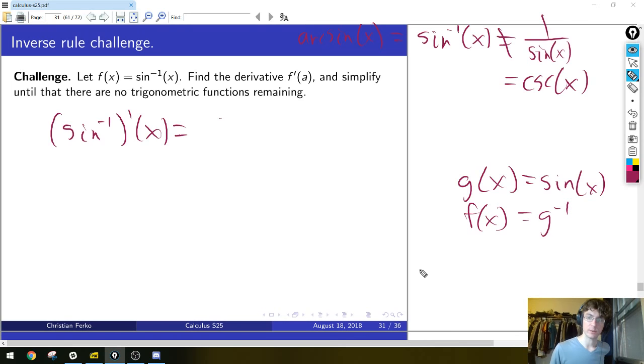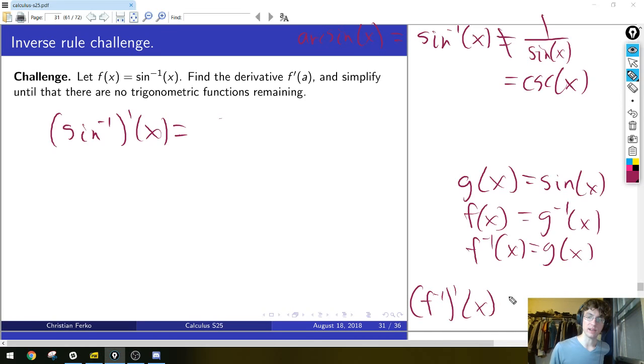We could also write this as f inverse of x equals g of x, however you like. Now our formula becomes f inverse prime at x is 1 over, well, f, but that should be the inverse of, now I've confused myself.